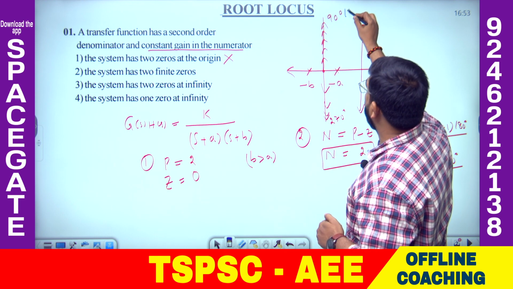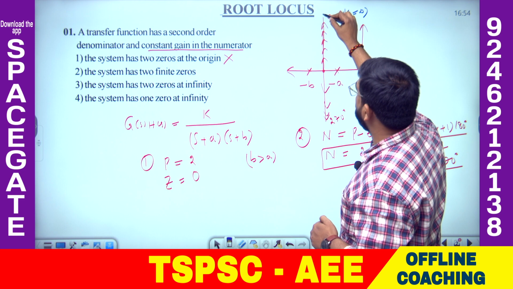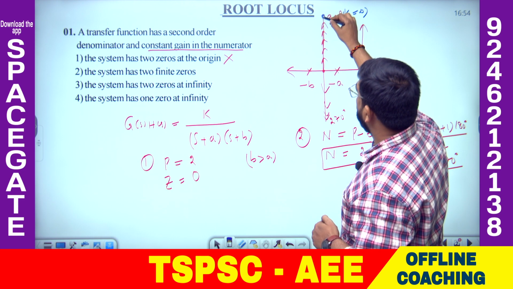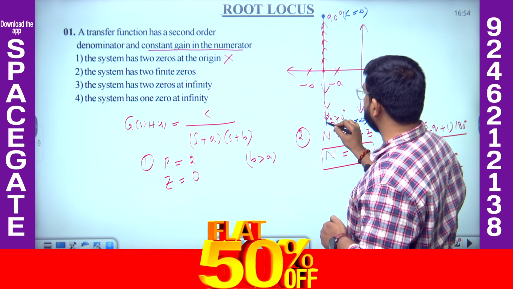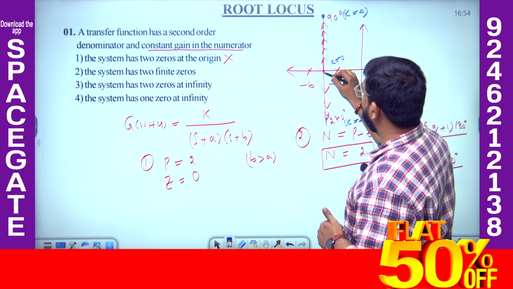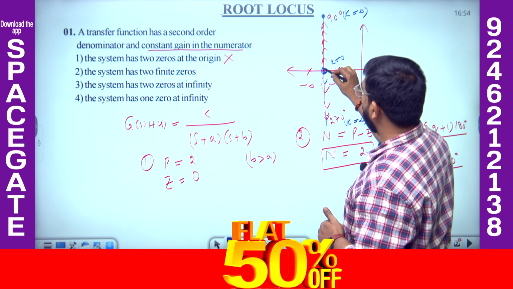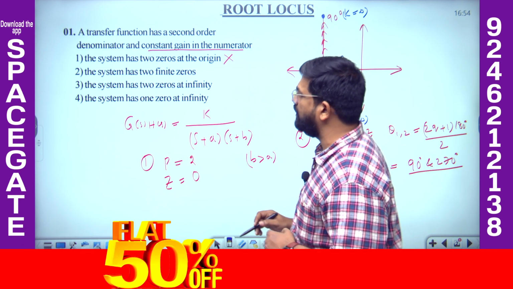When K equals infinity, one branch terminates at infinity, and the other branch also terminates at infinity, in the zeros. When K equals 0, both branches start from the poles and terminate at infinity. What is the meaning?